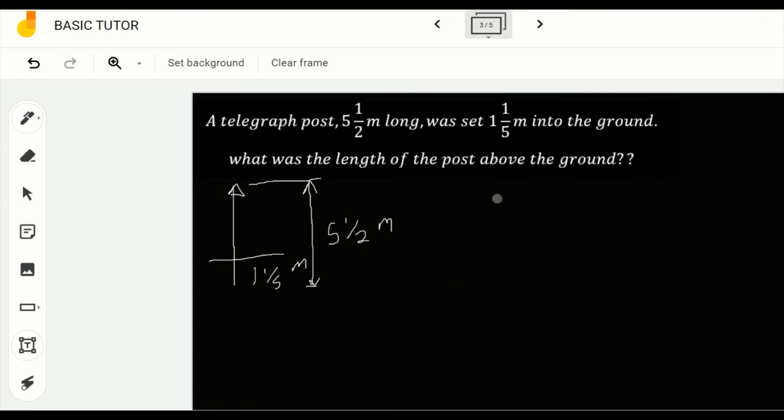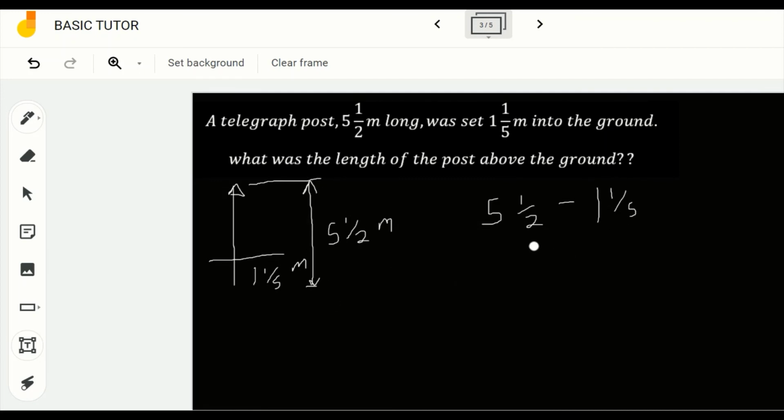So we have 5 1/2 minus 1 1/5. That's it. So to get the length of the post above the ground, we subtract the length of the post below the ground from the full length of the telegraph post.